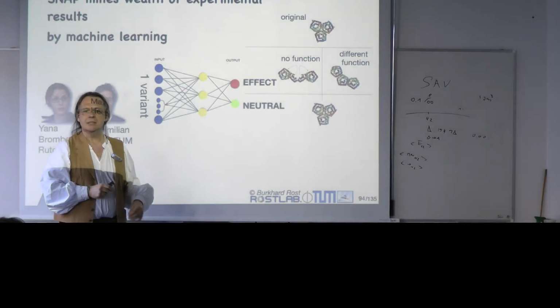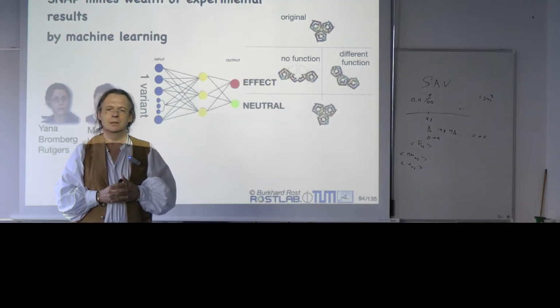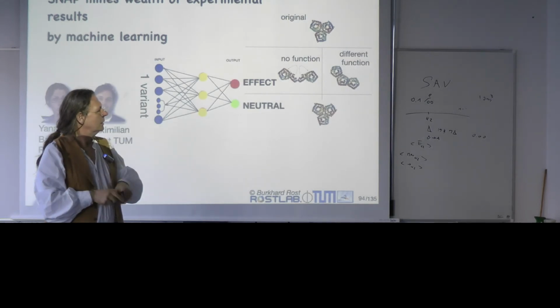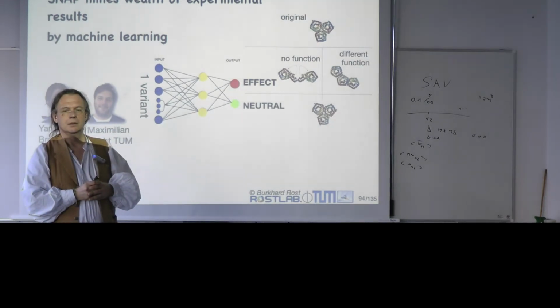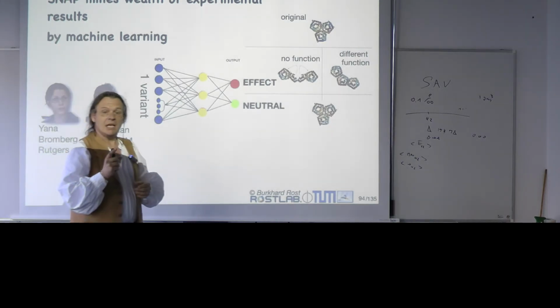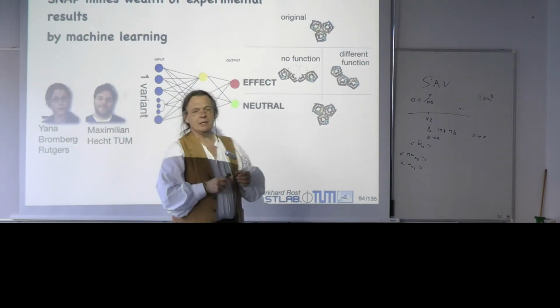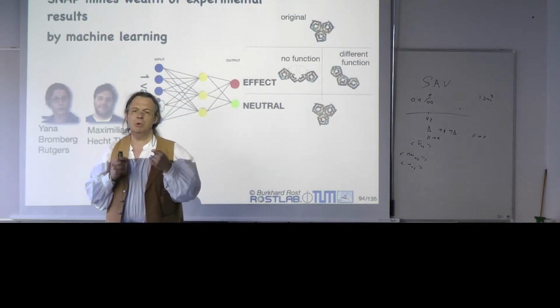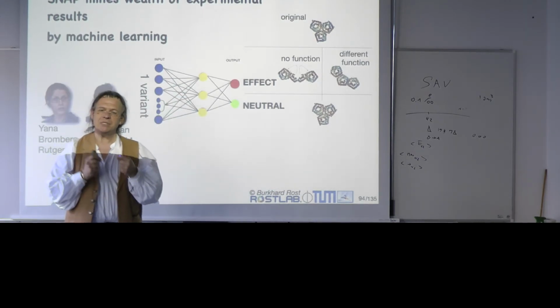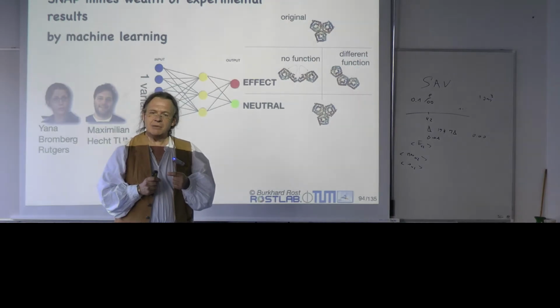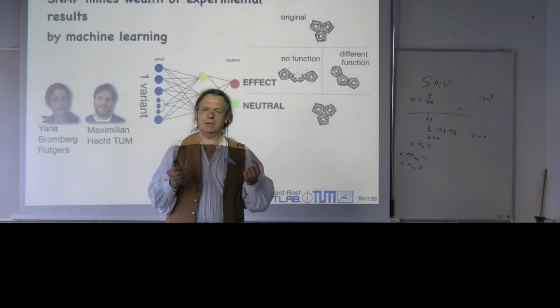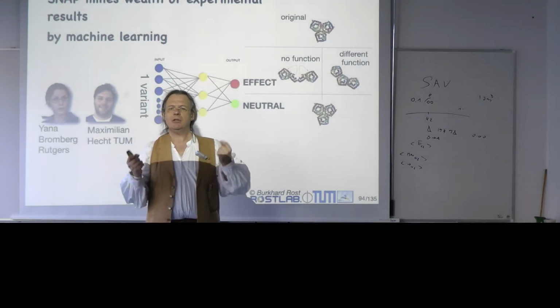Yes? Just one question about these 0.1 per mil. Do they also include variants where we did not observe a disease? So yes, for this 0.1 per mil, what I'm looking at is I take every single variant for which I know what it does somehow. I have some characterization of what it does, effect or not.